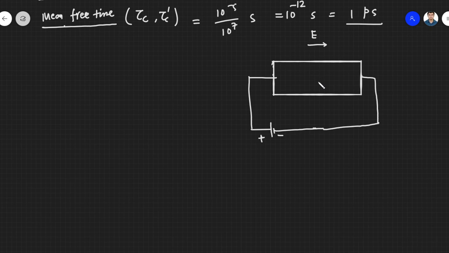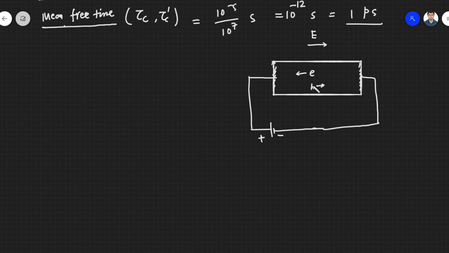Now the electrons present in this semiconductor will feel a force opposite to the electric field, and the holes will experience a force along the electric field. So the electrons will start to move towards the positive electrode on the left side, and the holes will move towards the other electrode.